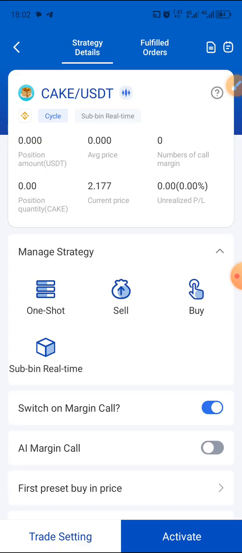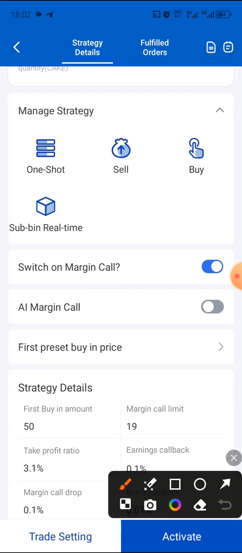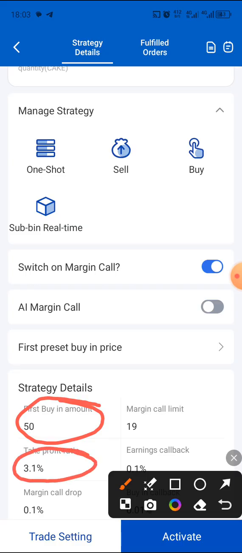Now just click activate, but click activate if you already confirmed that your first buy is 50. Okay, so something we are going to edit, since we are looking at the market in the 15 minutes, we are not going to take this profit.